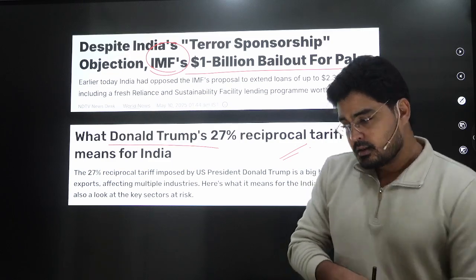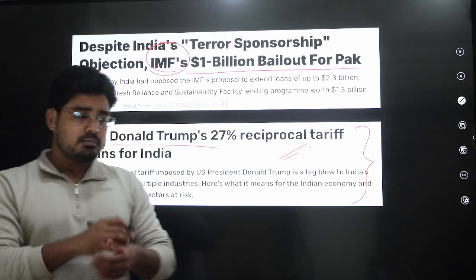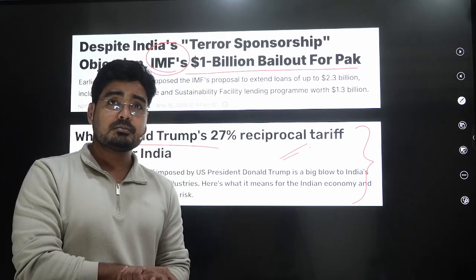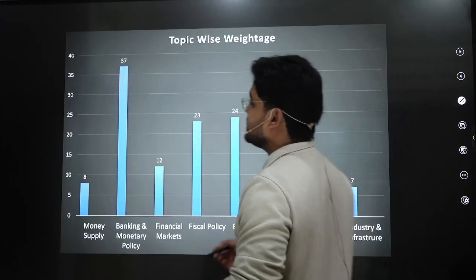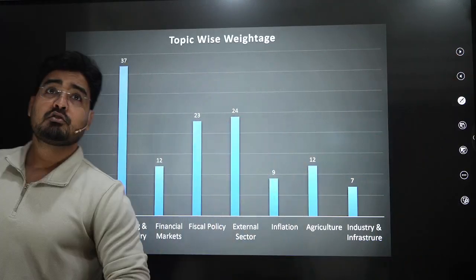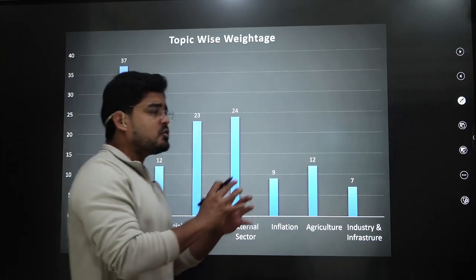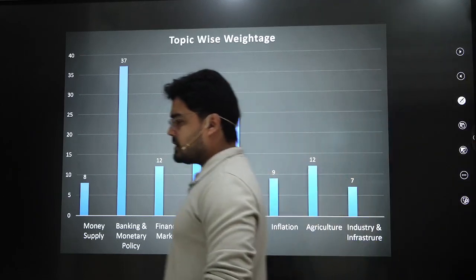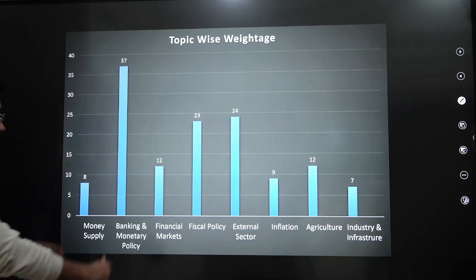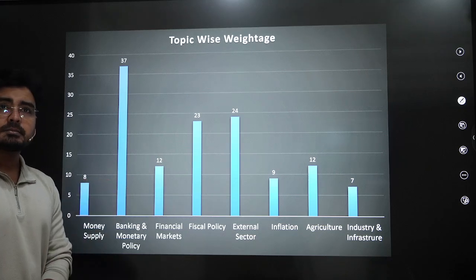Right? So now that you understood the significance of the economy from the civil services examination point of view, let me introduce you to the subject through some of the most important topics from the prelims point of view. The prelims syllabus is not well delineated by the UPSC. However, these are the 8 most important topics from the point of view of prelims.